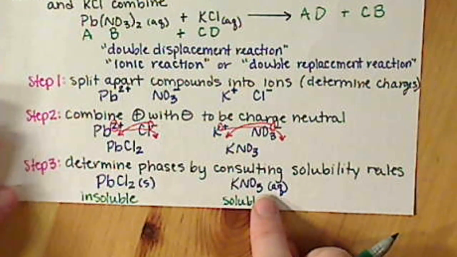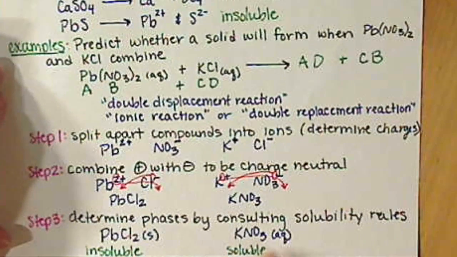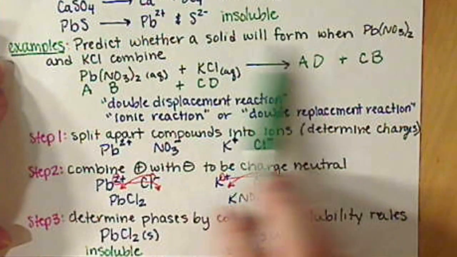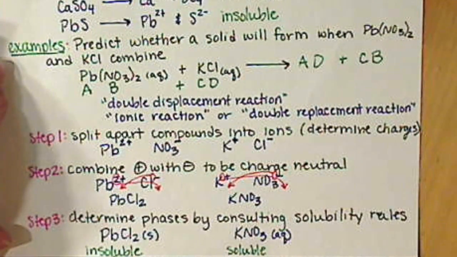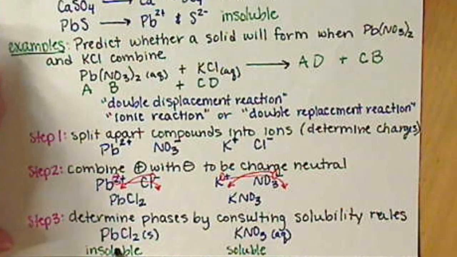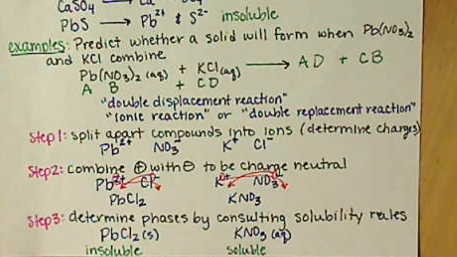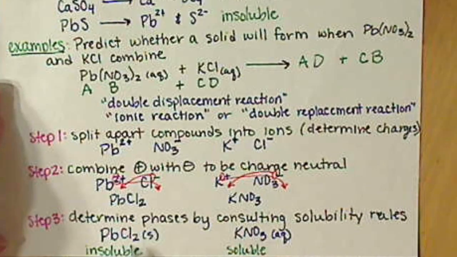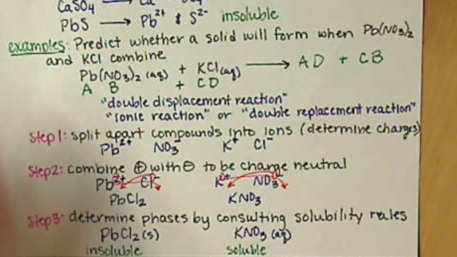Now, we've answered this question because we're looking to predict whether a solid will form, and this is our solid, so yes, a solid will form. A lot of times the final step of what I would ask, say, on an exam question is what is the balanced chemical equation. So you'd have to write out then your products.